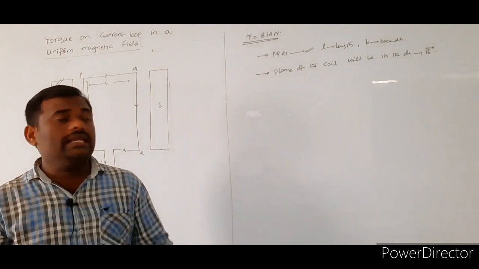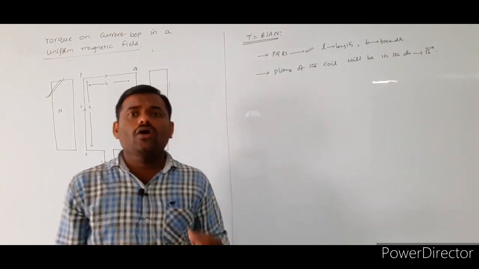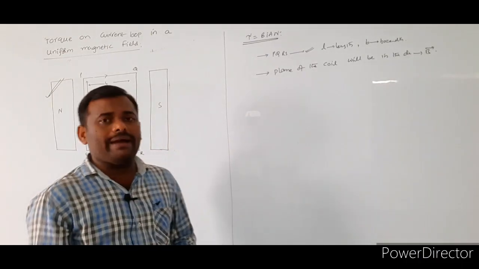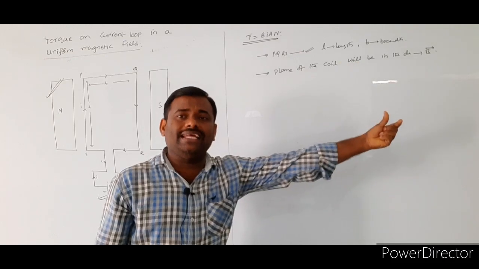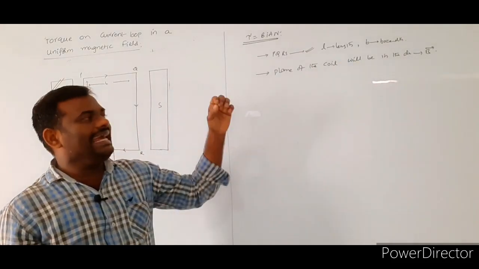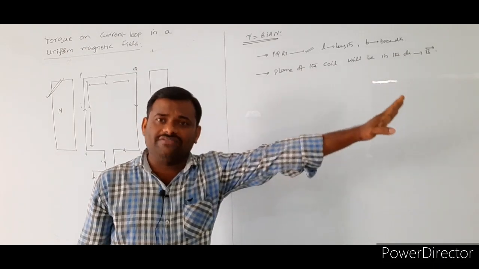That means the plane of the coil exists in the direction of the magnetic field.